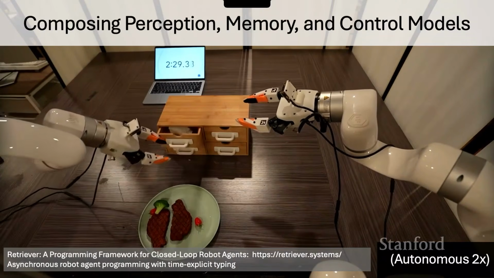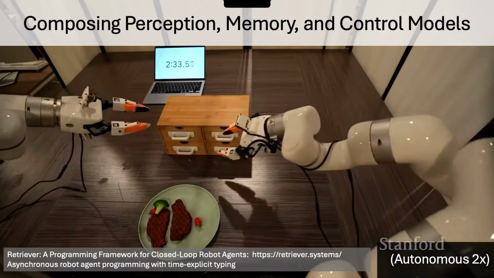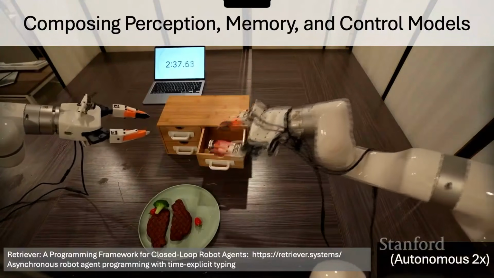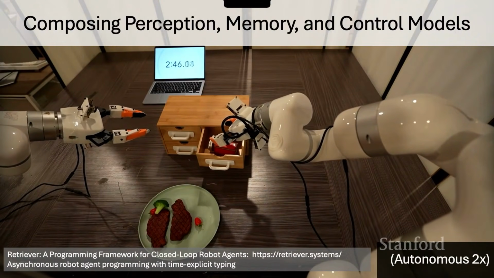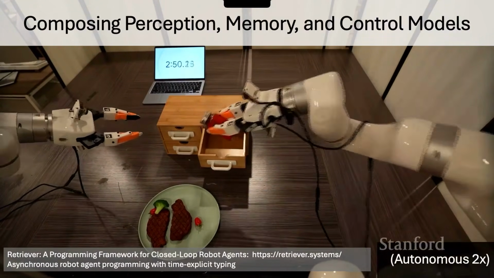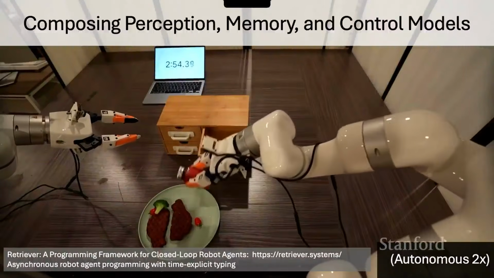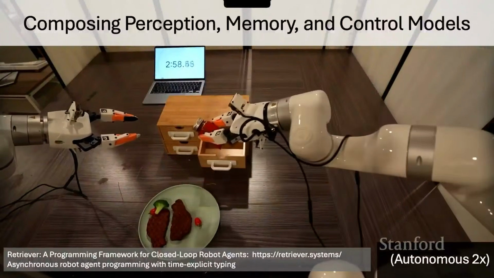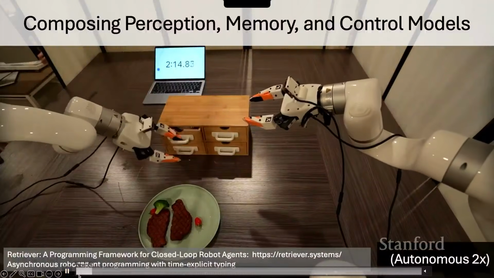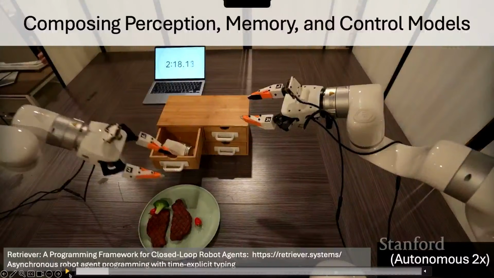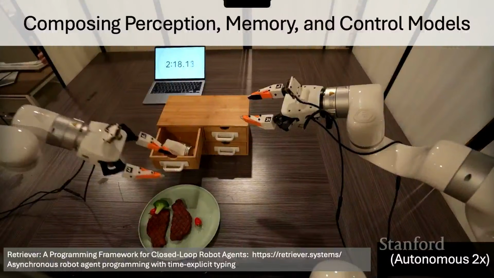But all of those systems keep predicting, keep adjusting based on the new observations that I get from the environment, right? So for example, here, let me go back to the beginning. After opening the left drawer, we actually didn't see the chili pepper, right? So I know I need to update my memory and also my plan to explore a different drawer, right?